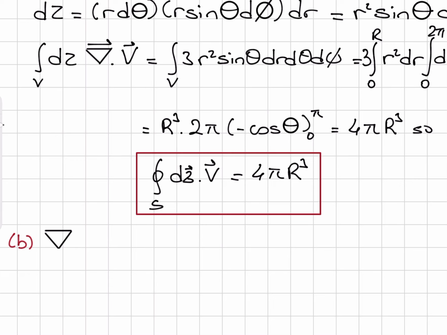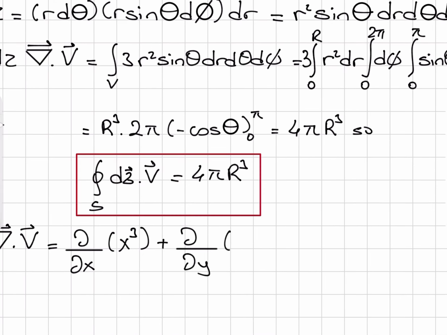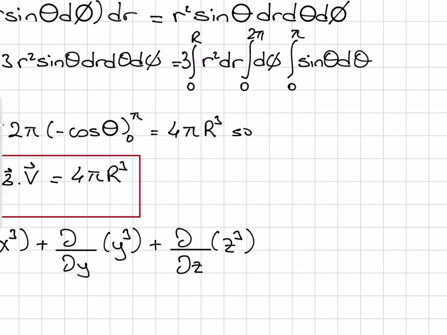In this case the divergence of vector v will be del x of x cubed plus del y of y cubed plus del z of z cubed, which will give us 3x squared plus 3y squared plus 3z squared.